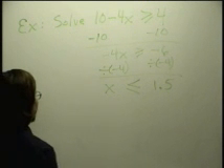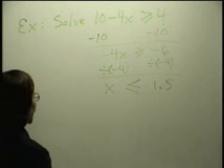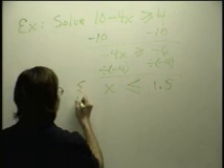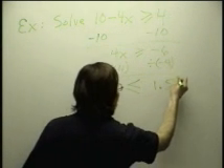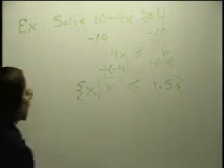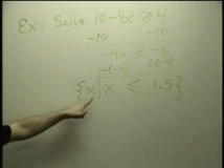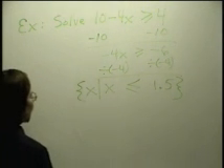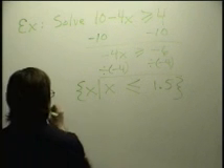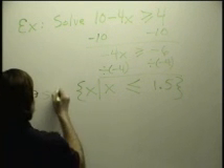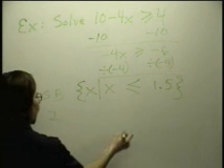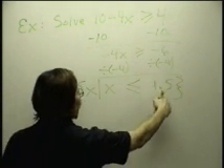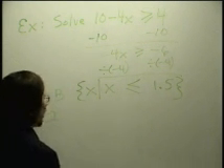To represent this in the 3 notations, here we have set builder notation, the set of all x values such that x is less than or equal to 1.5. In interval notation, we have 1.5 as our endpoint.